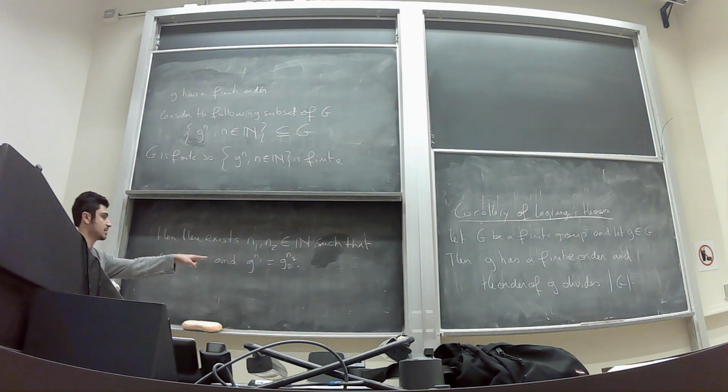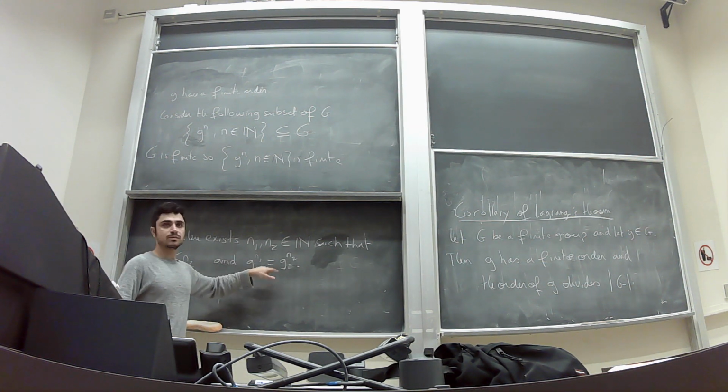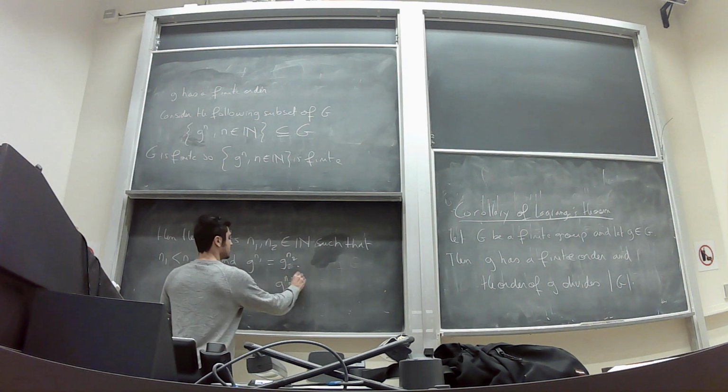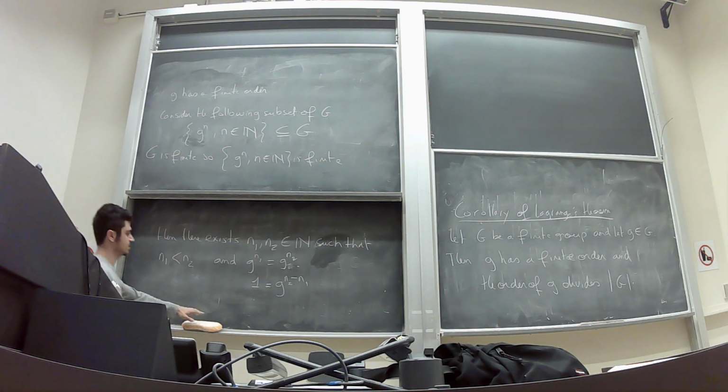This means I have two distinct exponents, n1 strictly less than n2, such that g to the power n1 and g to the power n2 are equal. This means that g to the n2 is equal to the identity, sorry.